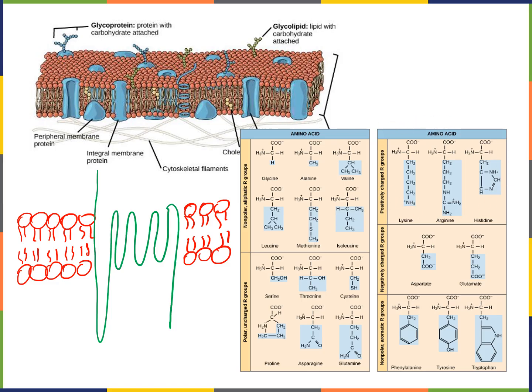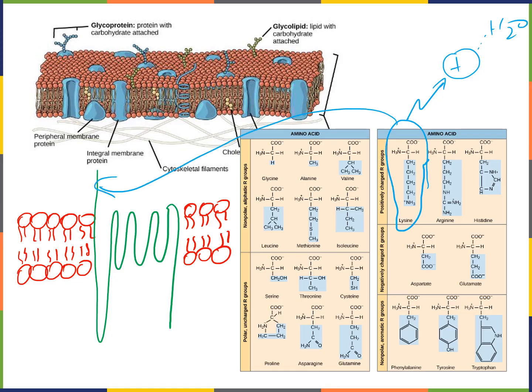So, if I were to guess which amino acids go where, where do you think the lysine will go? So first of all, what is lysine? Lysine is positively charged, so most likely can interact with H2O, right? So lysine can go on the outside.